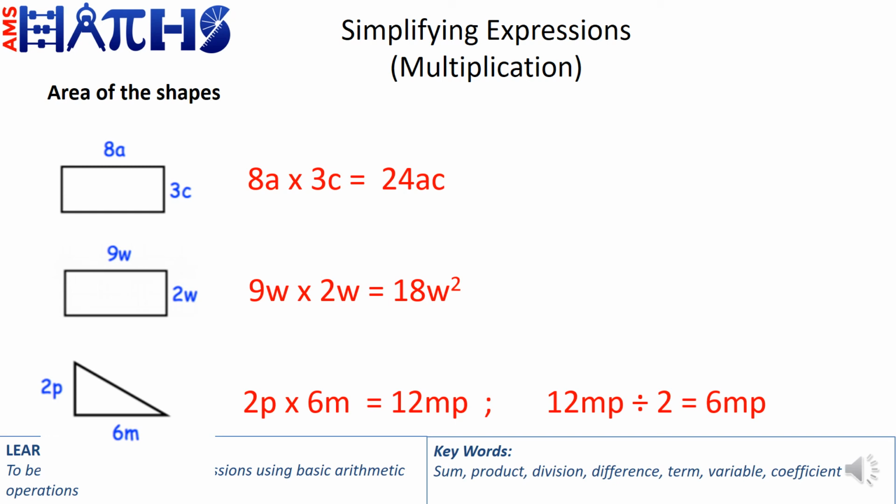But then I would need to divide by 2, as the formula says base times height divided by 2. When I've multiplied base times height, I got 12mp. So this 12mp needs to now be divided by 2 to get 6mp. And that is the area of the triangle in this example.